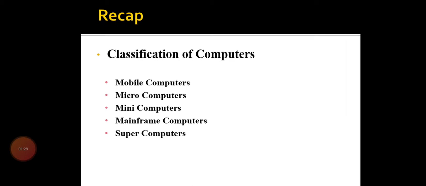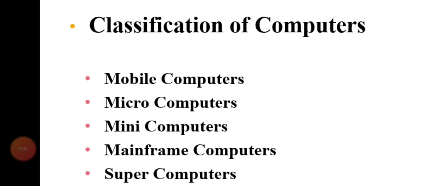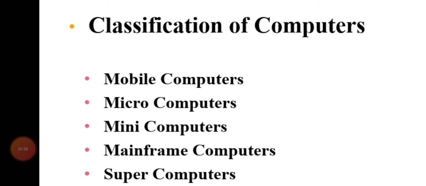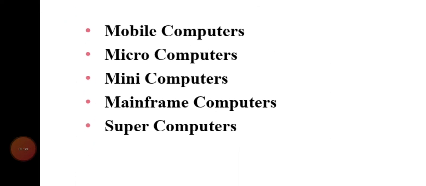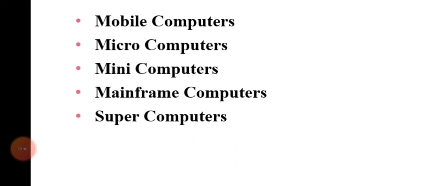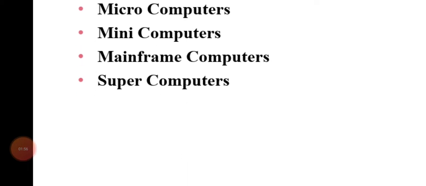Then we have microcomputers. A microcomputer is a small computer that is used by one person at a time. Then comes the minicomputer. Minicomputers are larger than microcomputers, about the same size as a refrigerator. They first appeared in the 1960s.